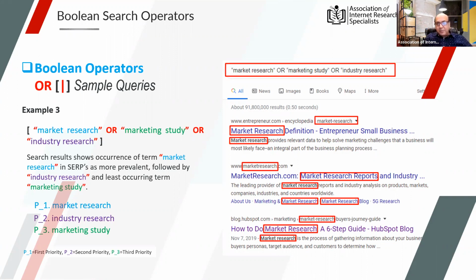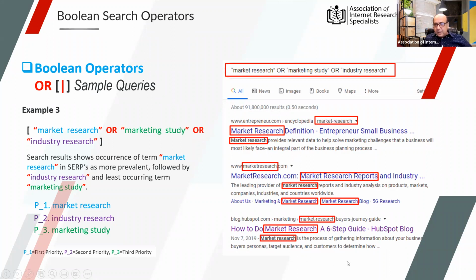I don't have time to do it with the example, but we have another good example, which is talking about where the most popular term is coming. Between the three, if market research is more prevalent, it has priority 1 for the search engine.